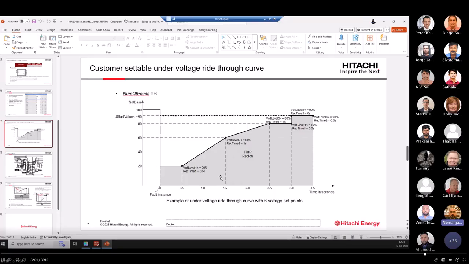For example, recovery time 2, 1 second, is not the absolute coordinate of the time from the time of fault. This is a recovery time of 1 second from recovery time 1. With this figure, the customer can understand, right? Yes, this is provided in the user manual.